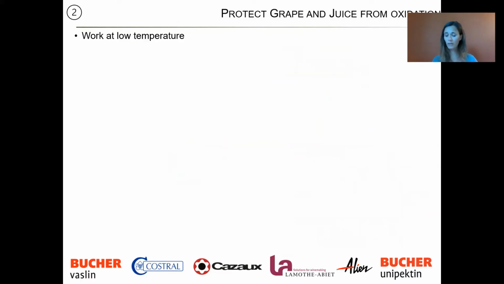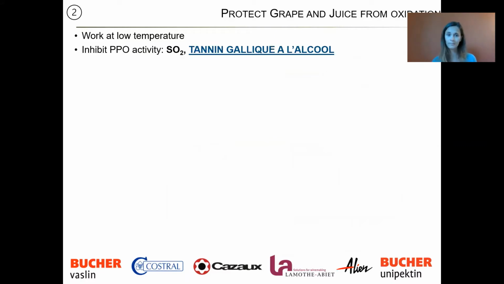So working at low temperature as well will just slow down all these reactions. Inhibit PPO activity with sulfur, with tannin gallic alcohol, which is our tannin developed for this activity for whites and rosé.